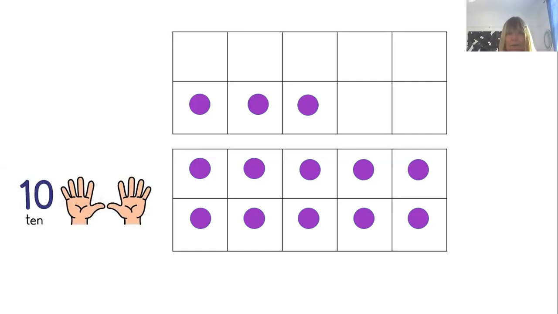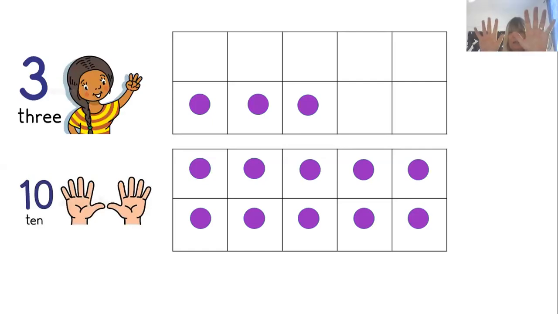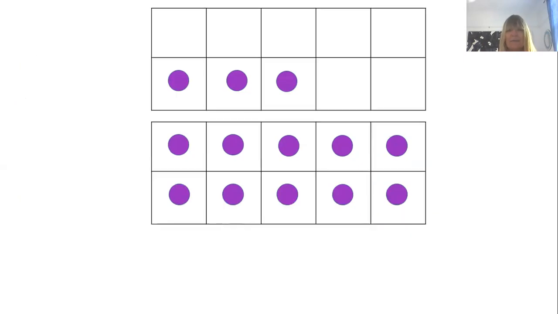And now we've just got 3 more at the top. So we've got 10 and we've got 3. And I think that means we've got 13. I'm just going to double check. 1, 2, 3, 4, 5, 6, 7, 8, 9, 10, 11, 12, 13. Yes, 10 and 3 is 13.